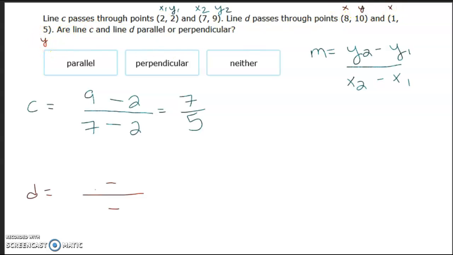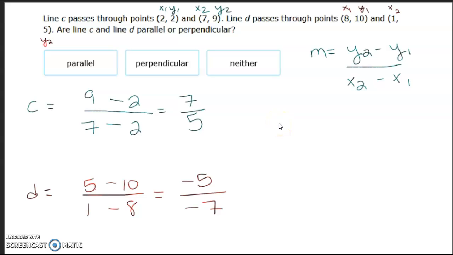Kind of wish they put that in the same line. 1, 1, 2, and 2. y2 is 5. y1 is 10. x2 is 1 and x1 is 8. So let's go ahead and try this. 5 minus 10 is negative 5. 1 minus 8 is negative 7.